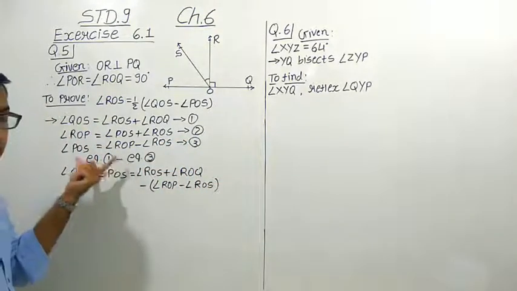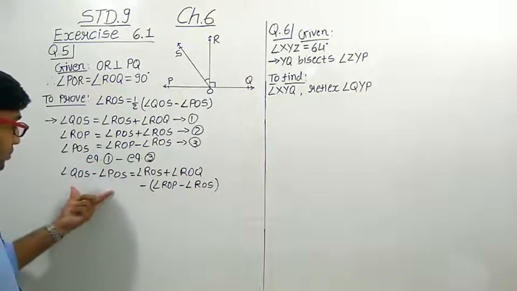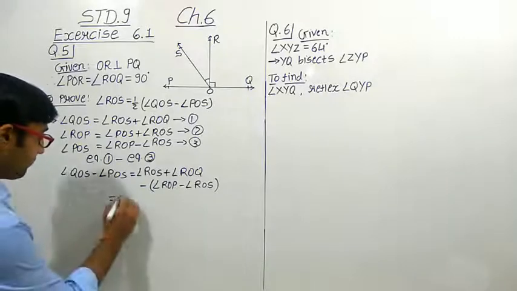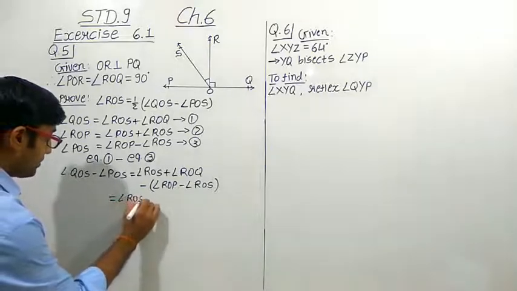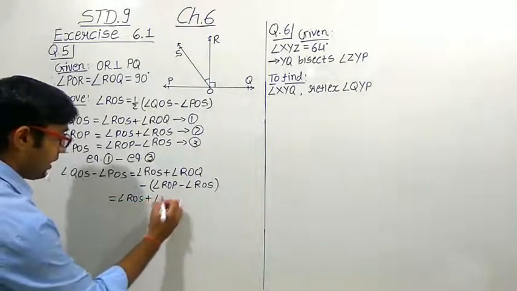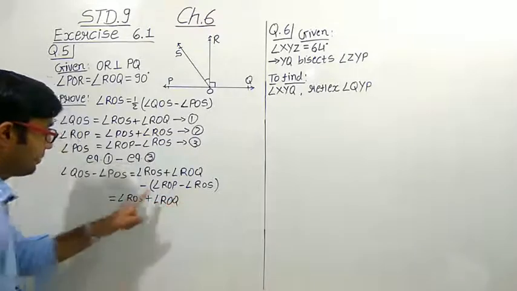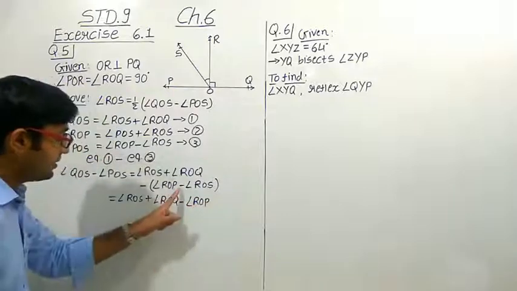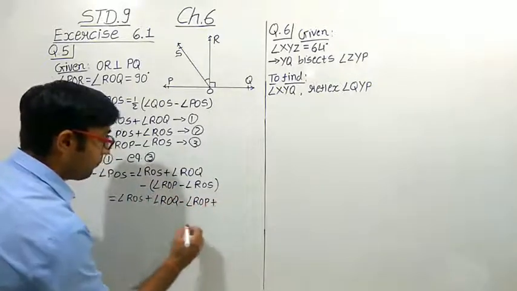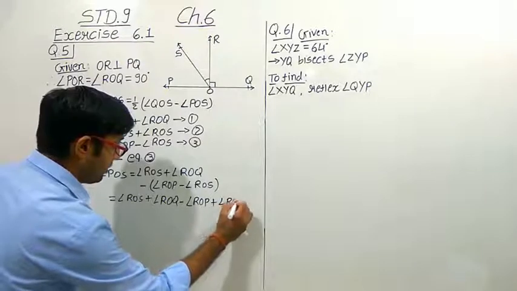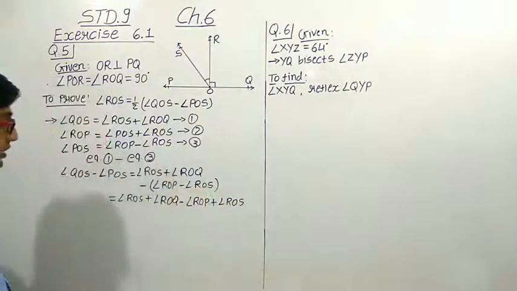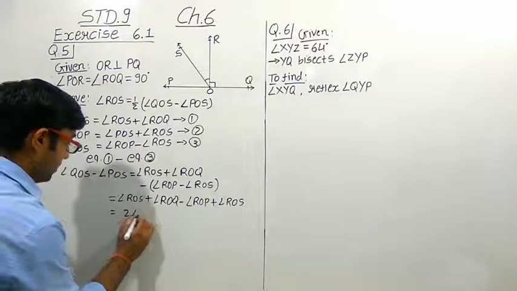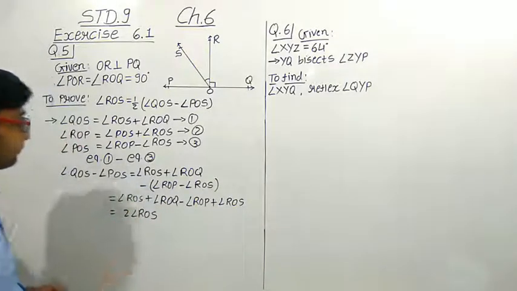This is how we can subtract the two equations. Now the left hand side will remain as it is. On the right hand side, when we open this bracket, angle ROS plus angle ROQ will remain as it is. This angle now becomes minus angle ROP, and minus minus angle ROS will become plus angle ROS. So here we have 2 times angle ROS.